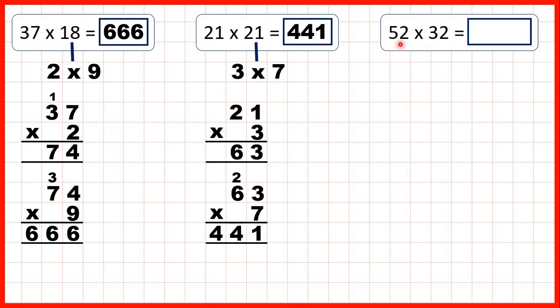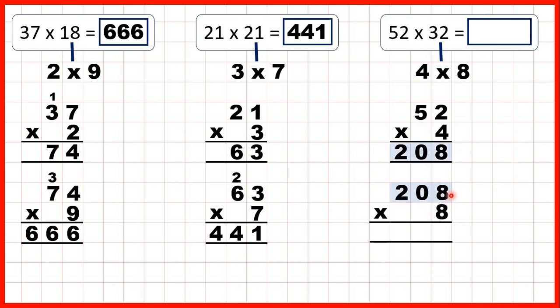Now we have 52 times 32. 4 times 8 is 32, but this would also work if we used other factor pairs for 32 as well. But let's first multiply 52 by 4. 2 times 4 is 8, 5 times 4 is 20.